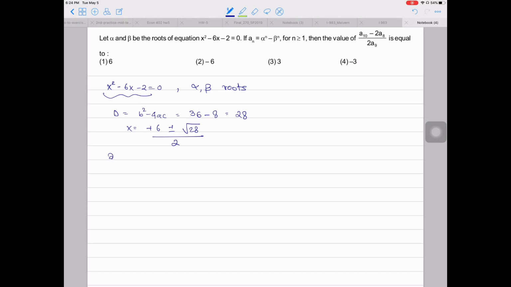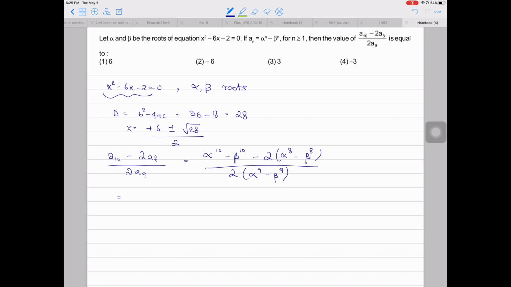So let's try to evaluate this term, a10 minus 2 times a8 over 2 times a9. So we know that a10 is alpha to the power 10 minus beta to the power 10, minus 2 times alpha to the power 8 minus beta to the power 8, over 2 times alpha to the power 9 minus beta to the power 9.